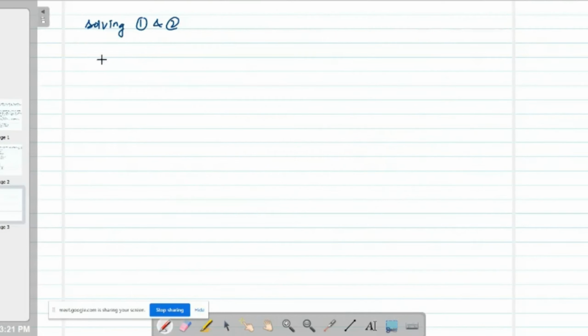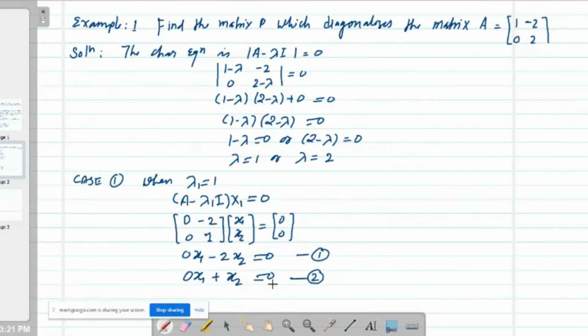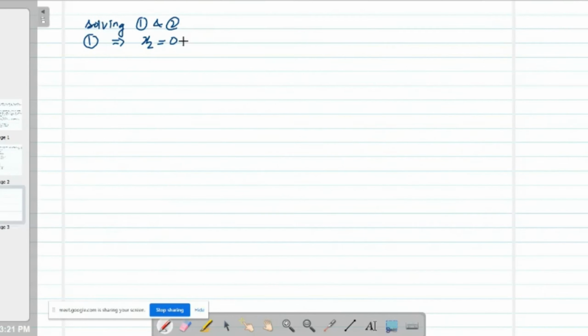Equation number 2 also implies x2 equal to 0. So both equations give the same value for x2.